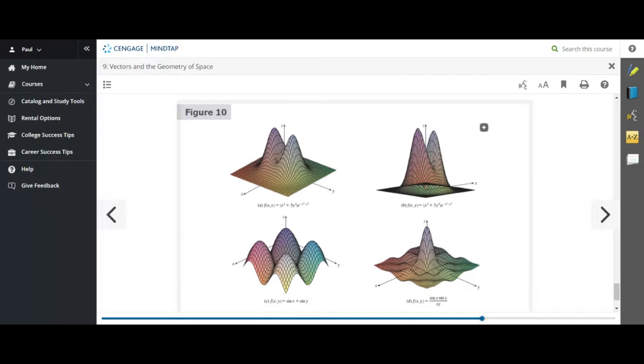Okay, what I want to do, let's look at this figure 10. This surface looks like two hills across from each other. So the equation for that is... hold on.